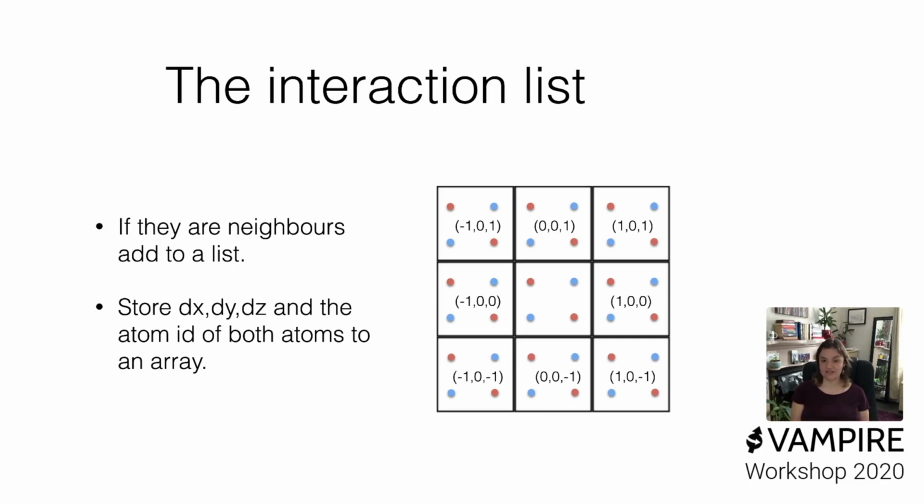The only thing that changes is the unit cell coordinates, so the dx, dy, and dz. So I'm saying that atom 0 from unit cell 000 interacts with atom 1 from unit cell -100.